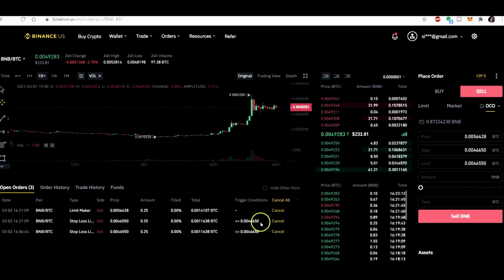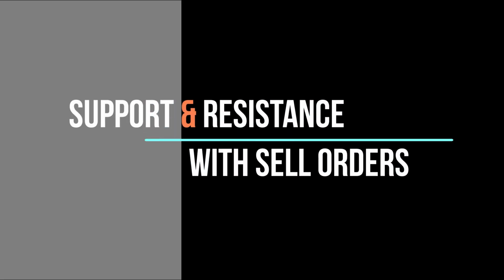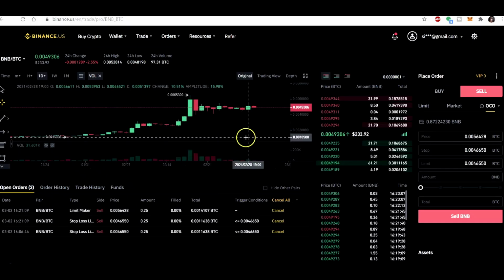And once it gets to this trigger point, you can see here it's called the trigger conditions, then it will create the stop loss order. So what I'll do is I'll increase this and I'll draw in my take profit point and my stop limit points.